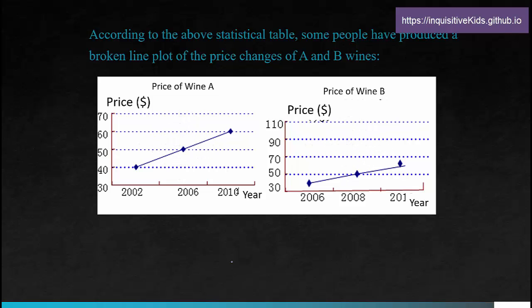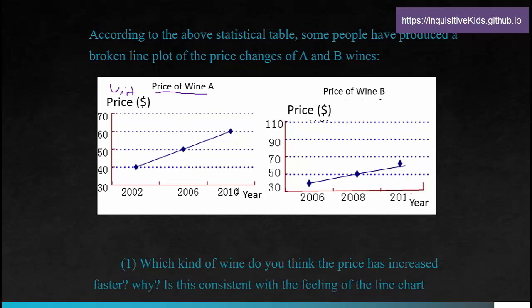According to the above statistical table, some people have produced a broken line plot of the price changes of A and B wines. Here we see two line plots. This one is the price of wine A. This is the year, and this is the unit price per bottle. This is the price of wine B, same thing.